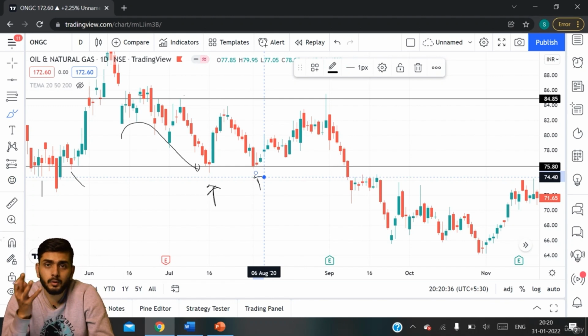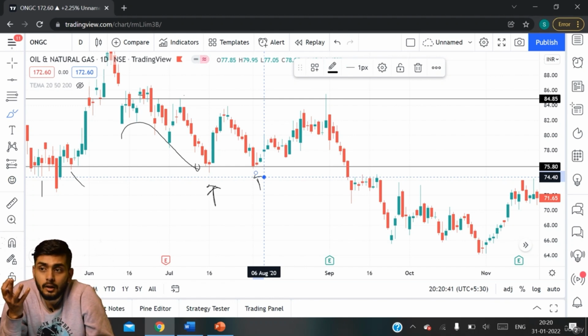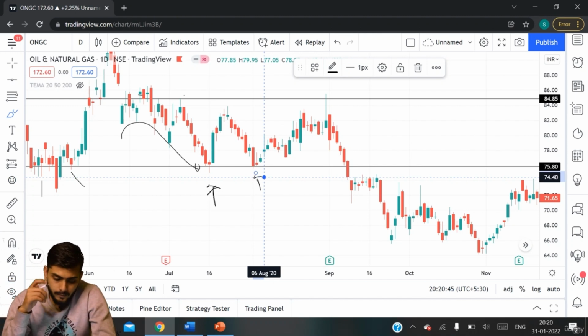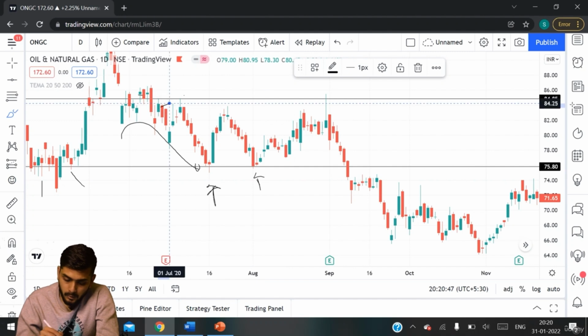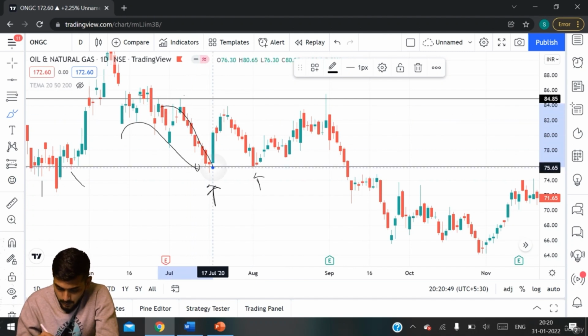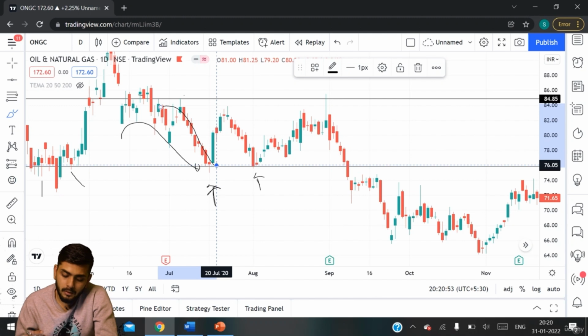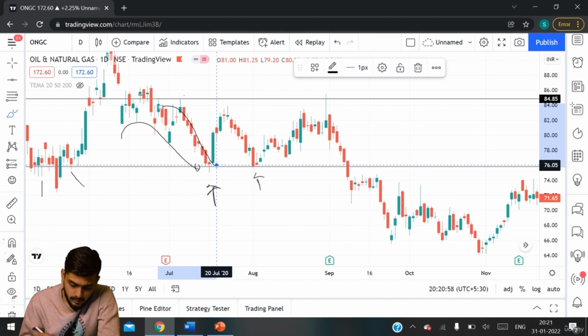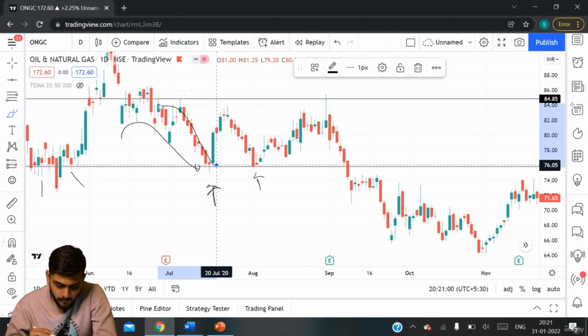So what is that push? When I'm walking, what is actually stopping me from going into the ground? That is support, right? So when the market is coming down and getting a push that no, you cannot go any further, that point will be known as a support point. Correct? Yes, understood.